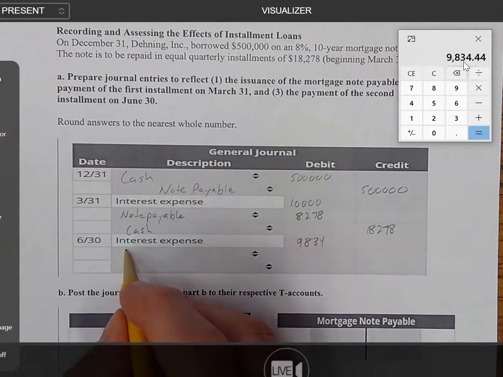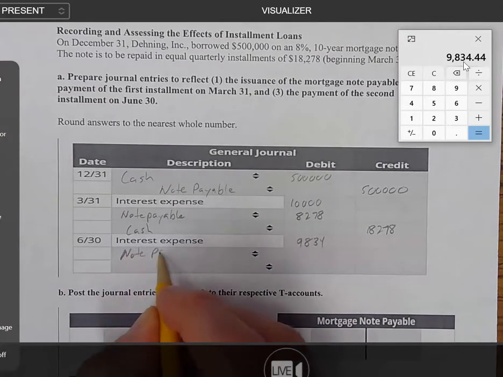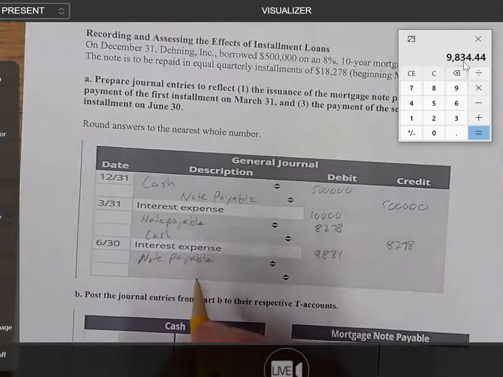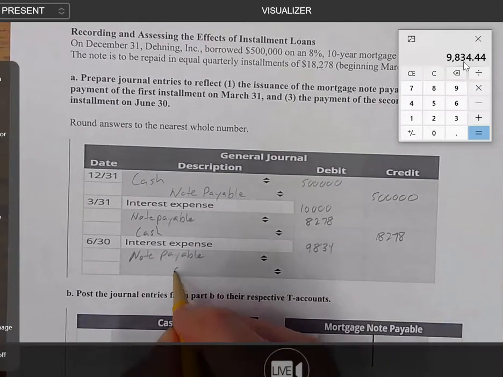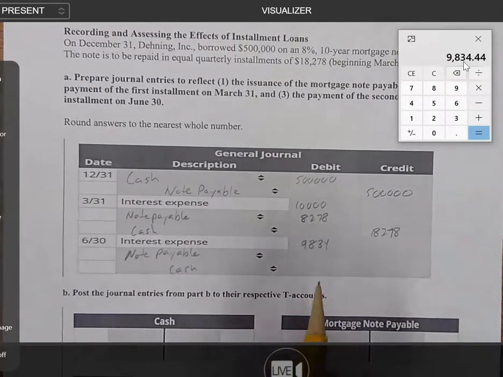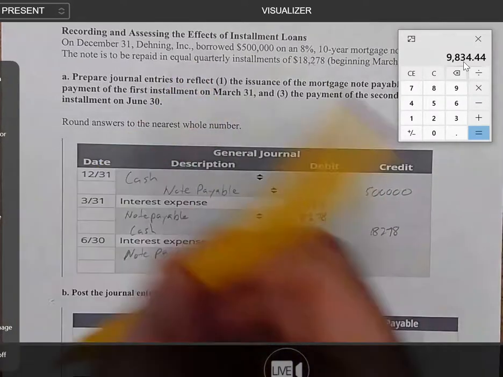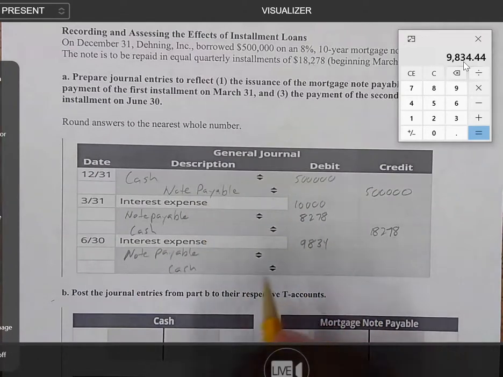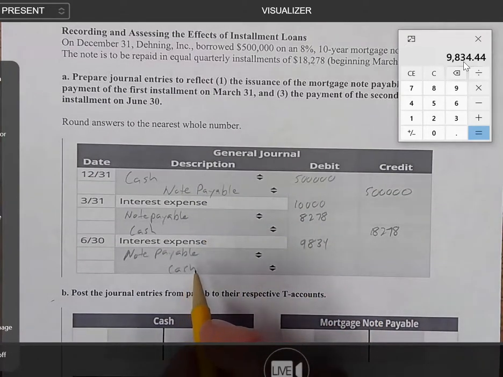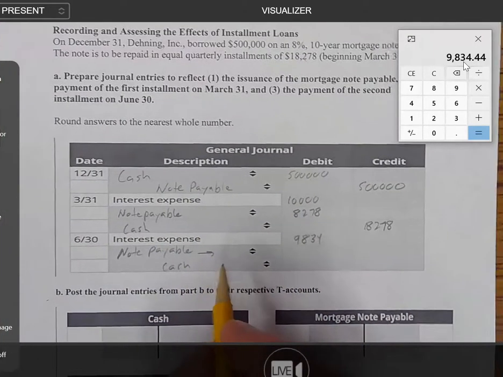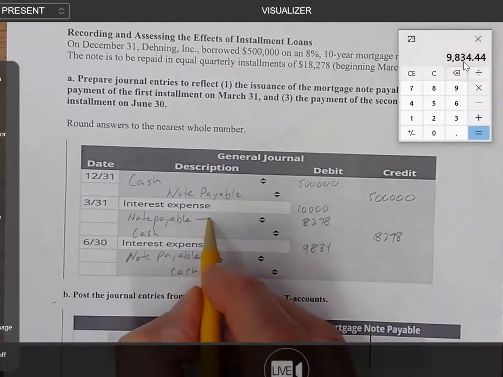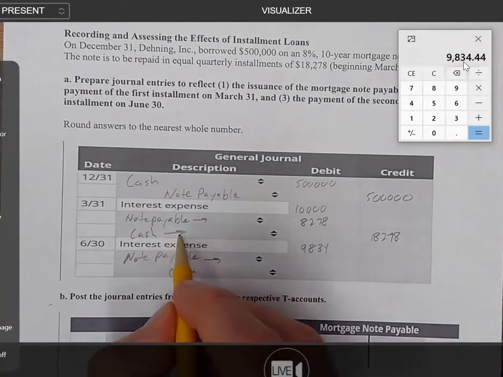We're also going to have a debit to the note payable itself, and we're also going to have a credit to cash. I'm being a little sloppy here. We need to move this over a bit, move this over a bit, and move this over a bit.